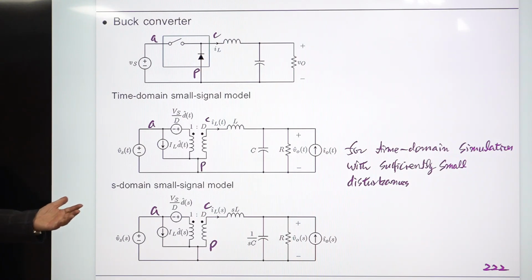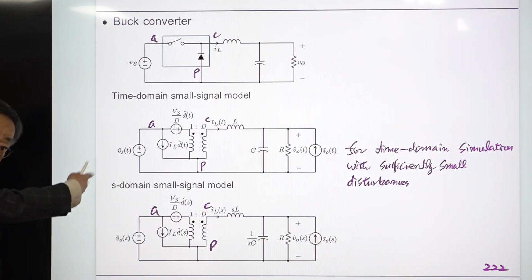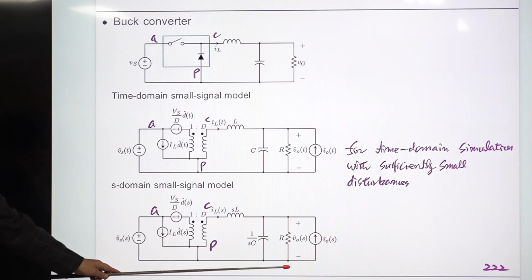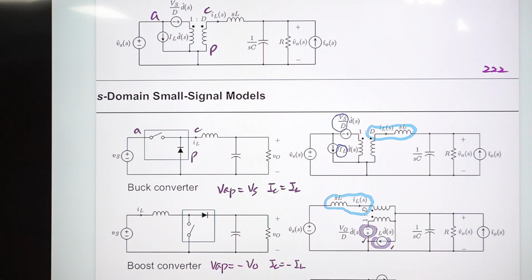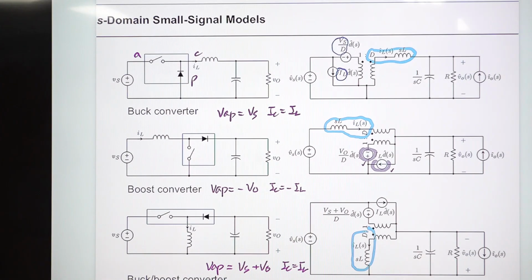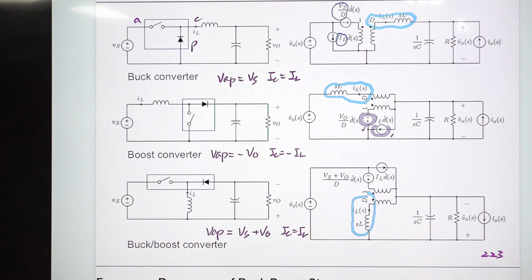All right, so we first investigate this, assuming the rest will come later. Now we have this small signal model of the buck converter, and it can be generalized for the 3 basic converters very easily.